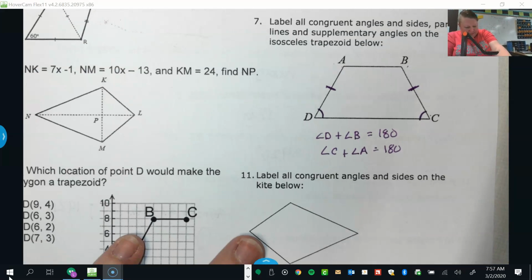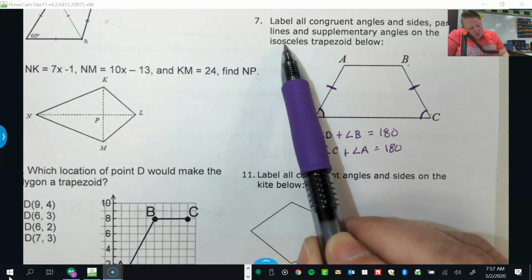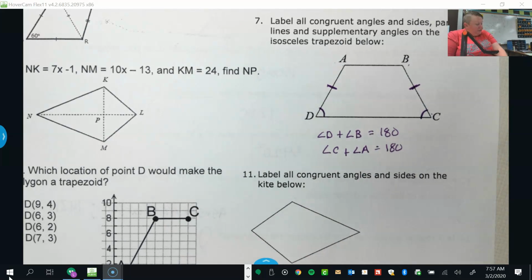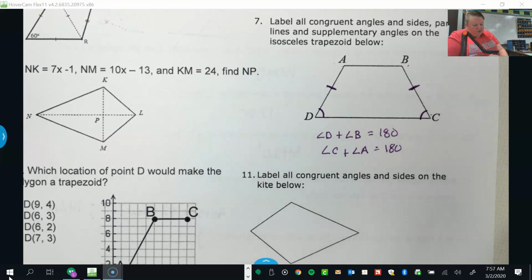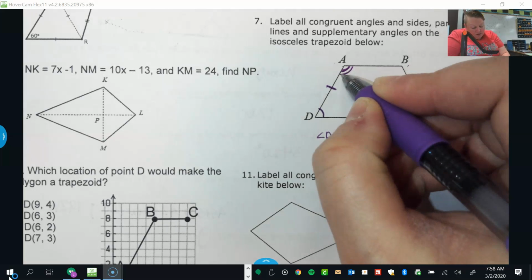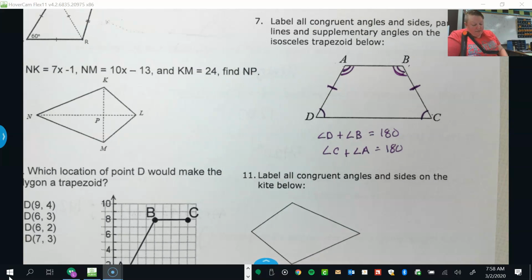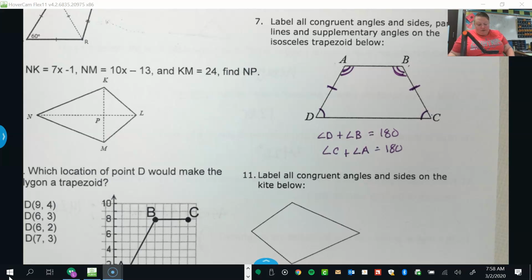I think we can stop there. A and B are also going to be congruent. That's enough. Let's stop there.